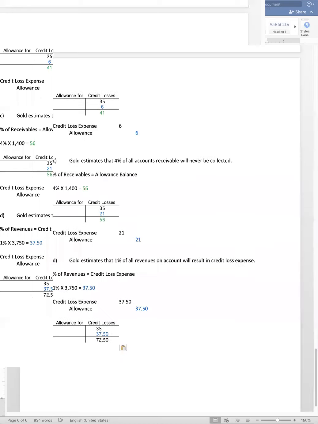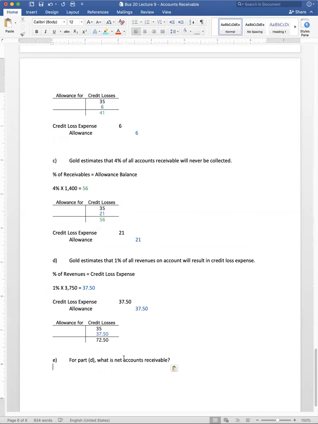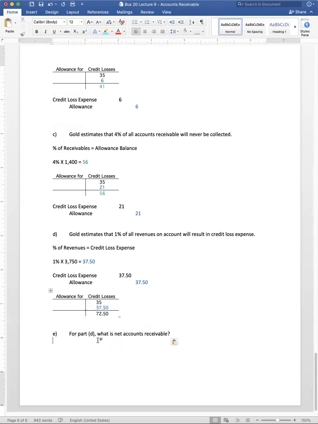All right, let's just do one more little thing here. So let's look at E here. For part D, what is net accounts receivable? Okay, so this is back to the very beginning of the class. What was the net accounts receivable? Well, the net accounts receivable is the accounts receivable minus the allowance.